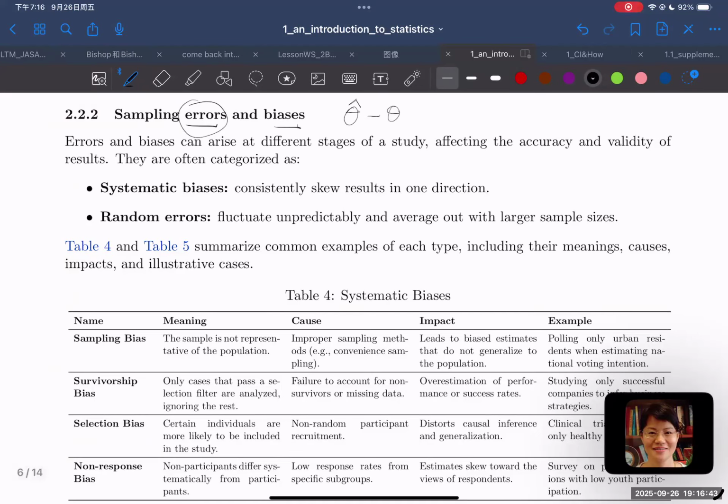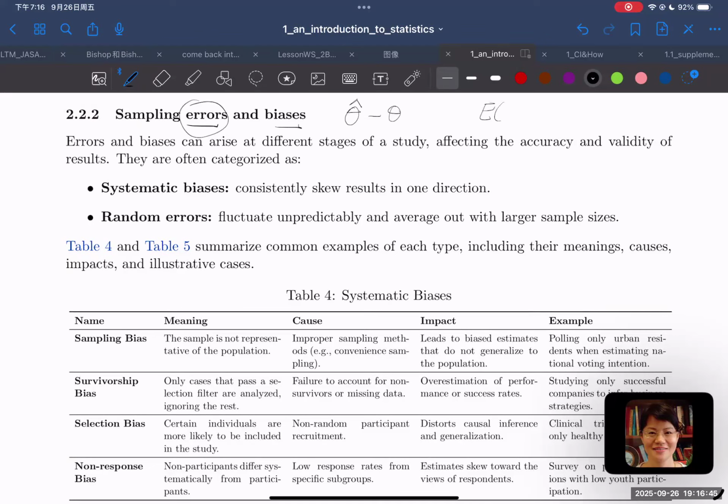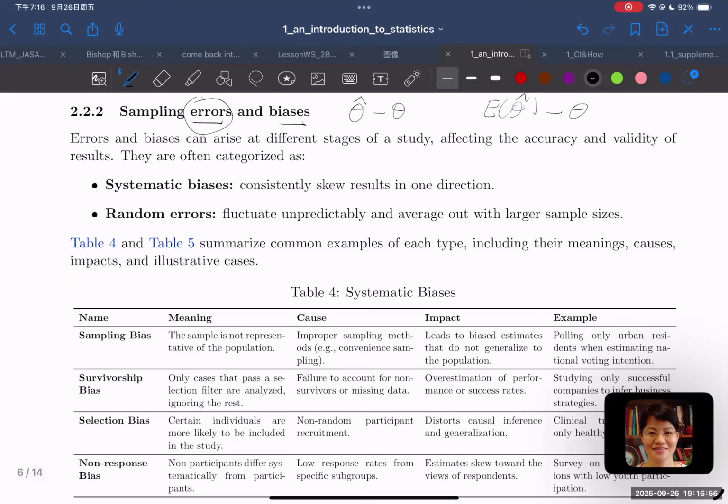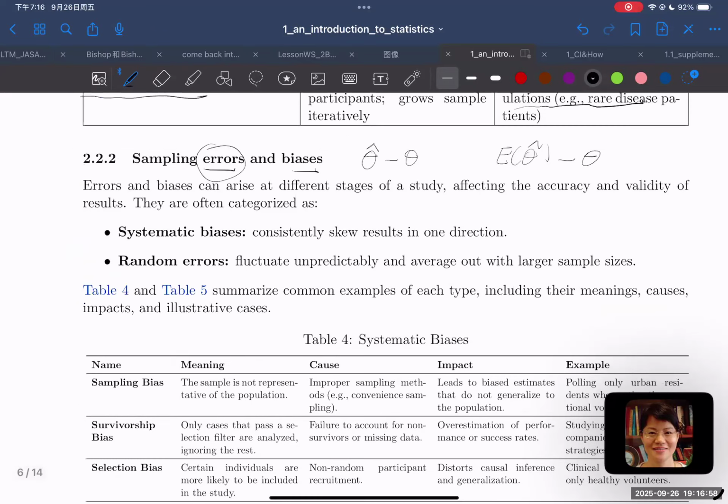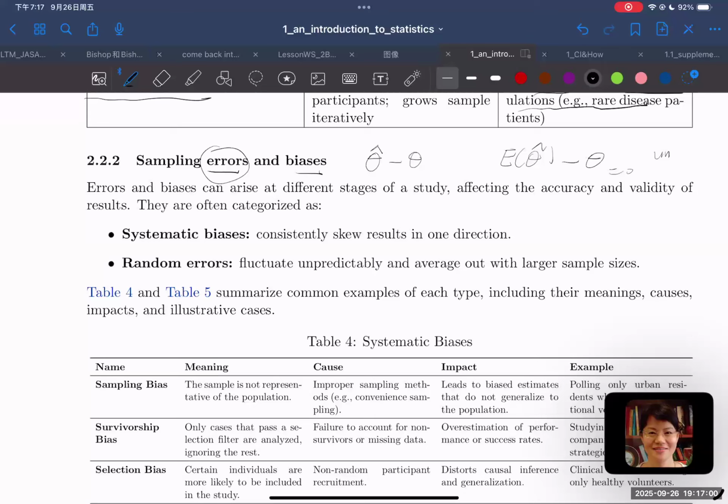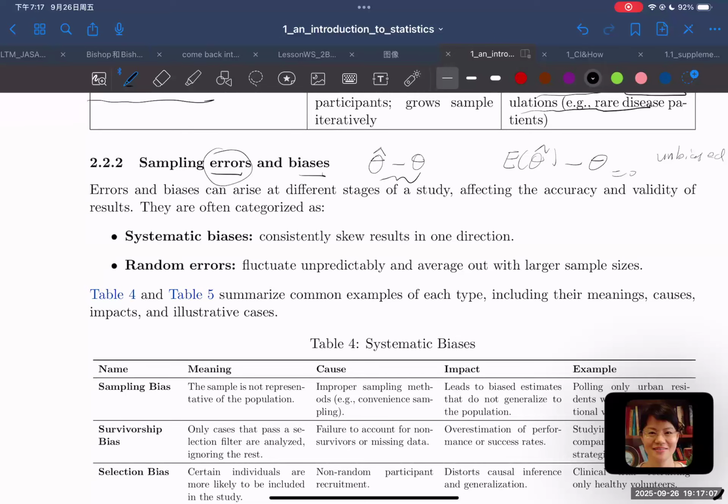For bias, you calculate the average of your estimator and deduct the true value, and this comes out as the bias. If this bias is 0, then we say it is unbiased, right? Unbiased means accuracy, and a smaller error also means accuracy, right?